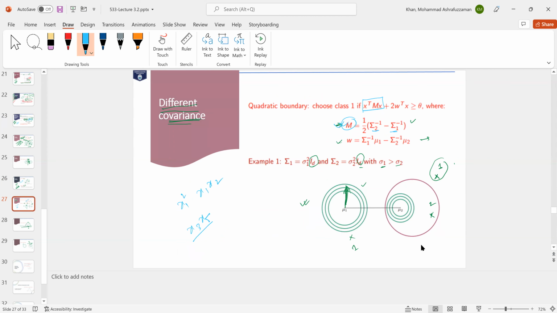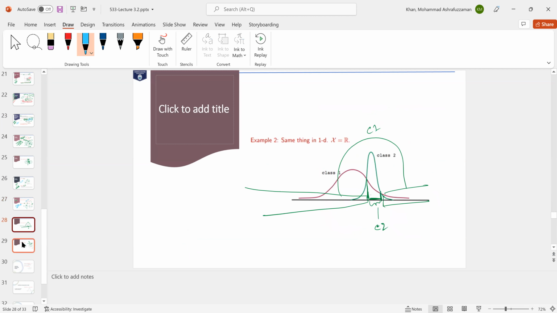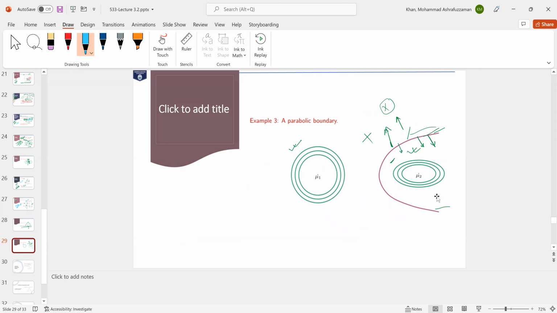For the circle, we'll have only the x1 squared, x2 squared, up to xd squared, only those terms. That's why we'll find the decision boundary as a circle. But if that is not the case, if they are completely different, then we'll have also cross terms for x1, x2, x3, x4, and for those terms, we'll have a parabolic boundary.